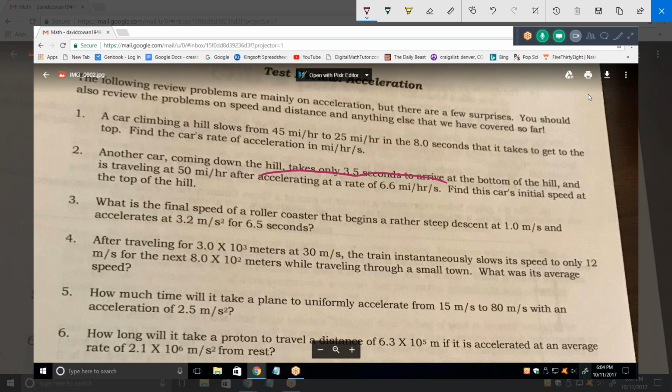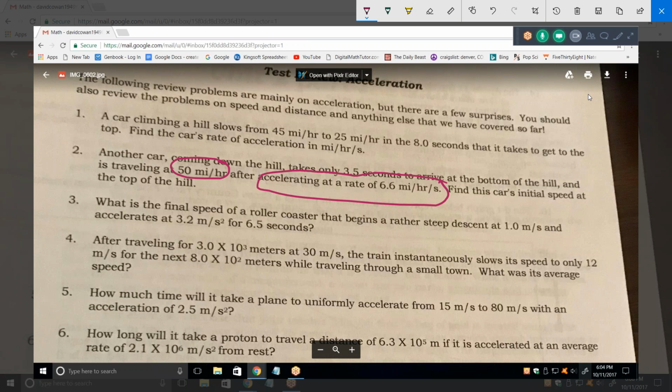It accelerated at that rate for 3.5 seconds. If its final speed is 50 miles per hour, work backwards. What was its initial speed?